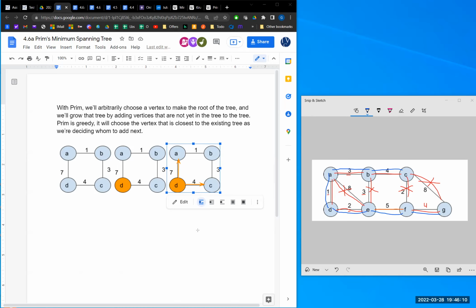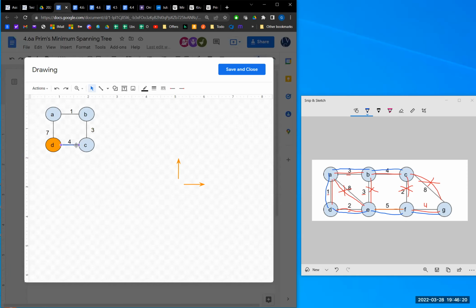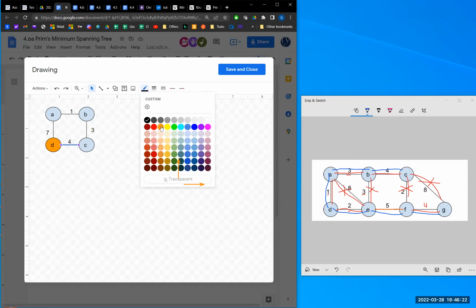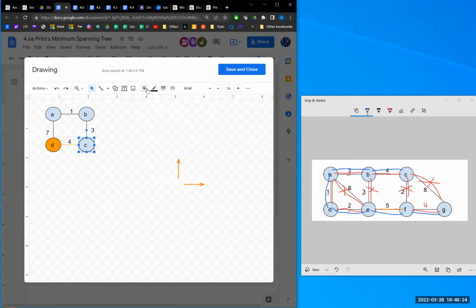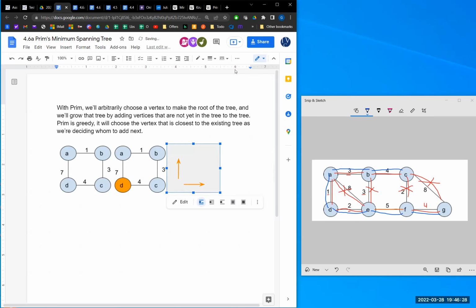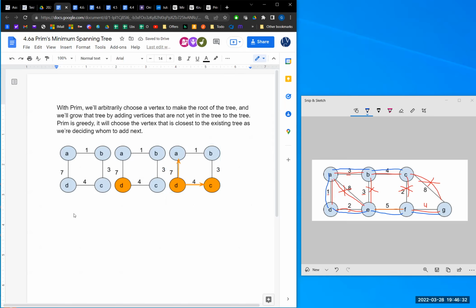C is closer to our tree, D, than A is. So what we'll do is we'll go ahead and choose to include C into the tree from D.